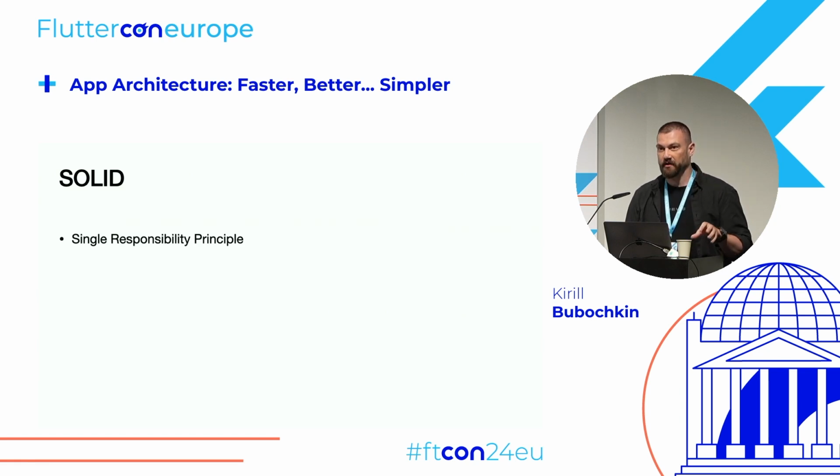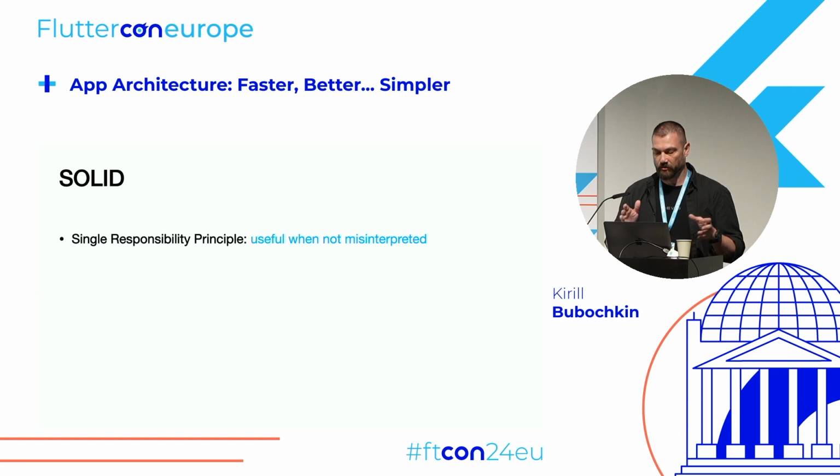The principle is rather about one reason to change, or responsibility to only one actor. And from this point of view, it's more about grouping the related functionality together, and it's similar to what the loose coupling and high cohesion principle talks about. From this point of view, it's extremely valuable. It's basically the main principle of how you structure your models in the app.